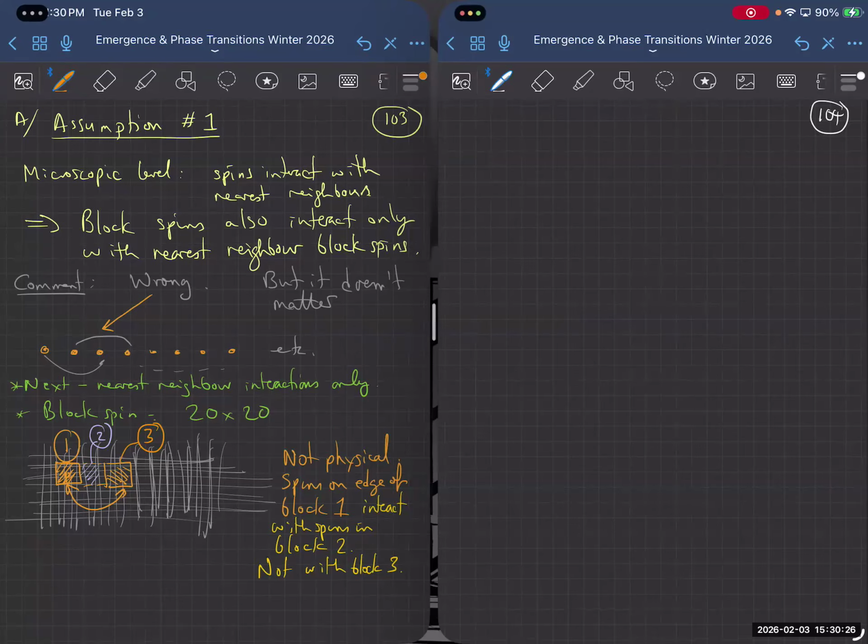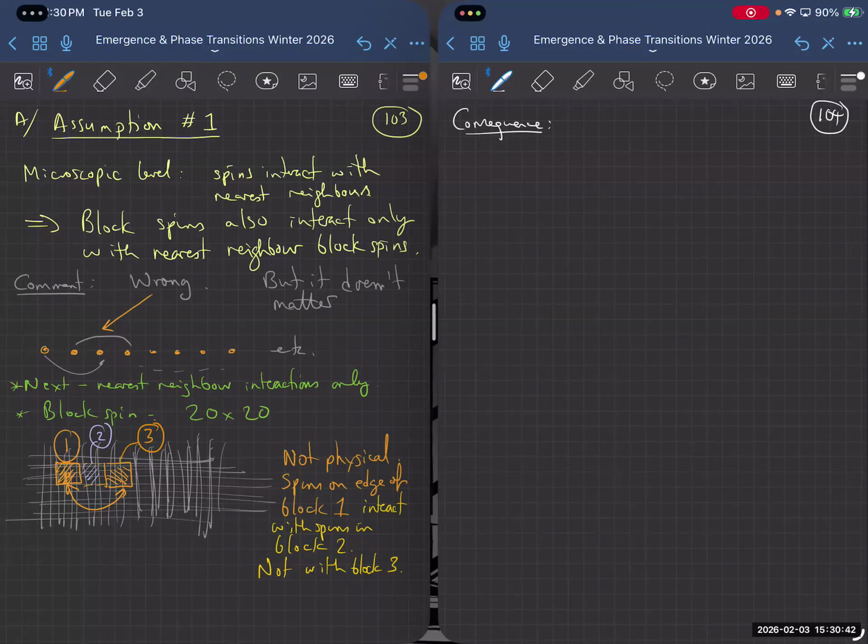So why do we care about this assumption? Well, there's a consequence of that. Because we've just assumed what the interaction between block spins is, I can immediately write down the Hamiltonian for the block spins.